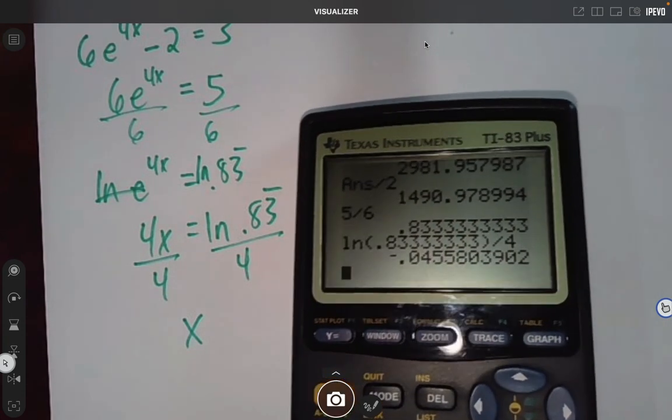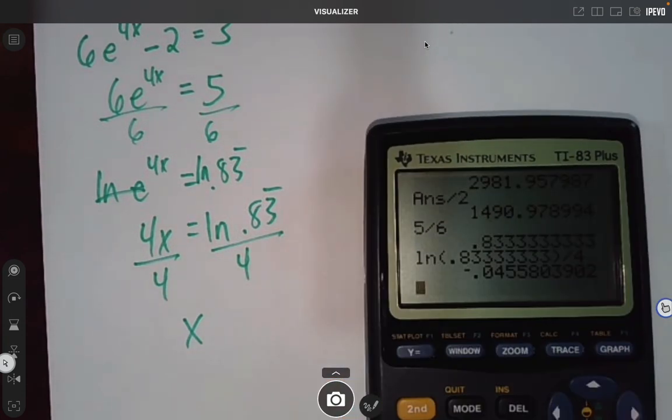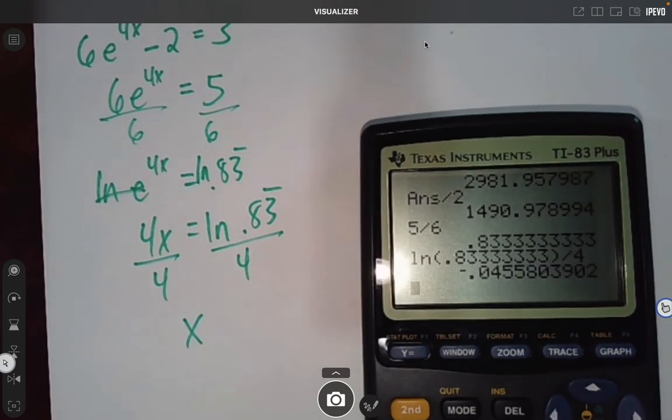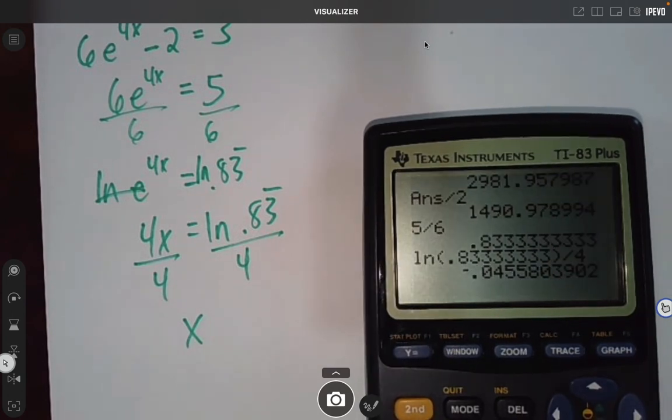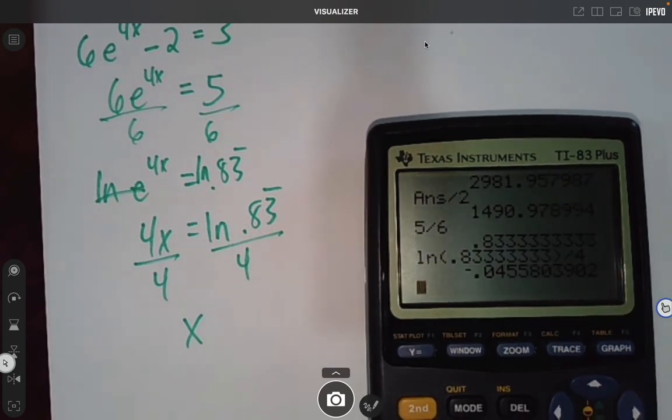And do y'all get this answer? I got C. Negative 0.046 is what I get. If you don't go out as many decimals as me, it may differ a little bit. Yeah, I got negative 0.047. How many decimals did you go out? I don't know. That's just what I did the other day. Oh, okay. But it's really close. It just depends on how many decimal places you go out.